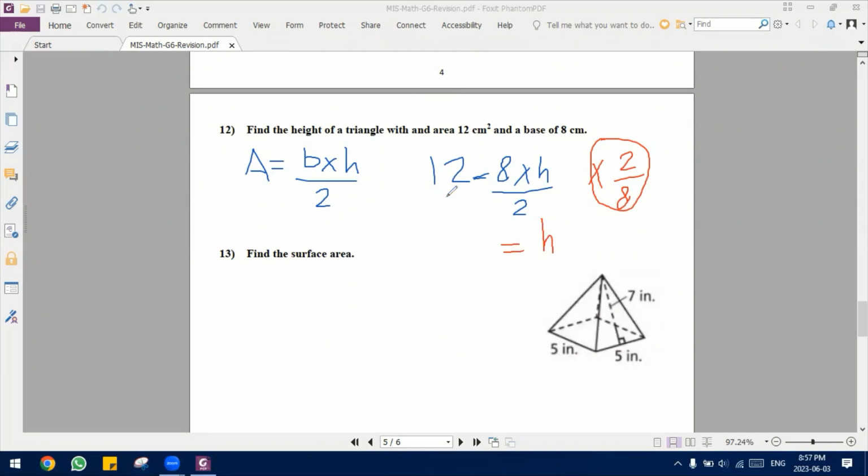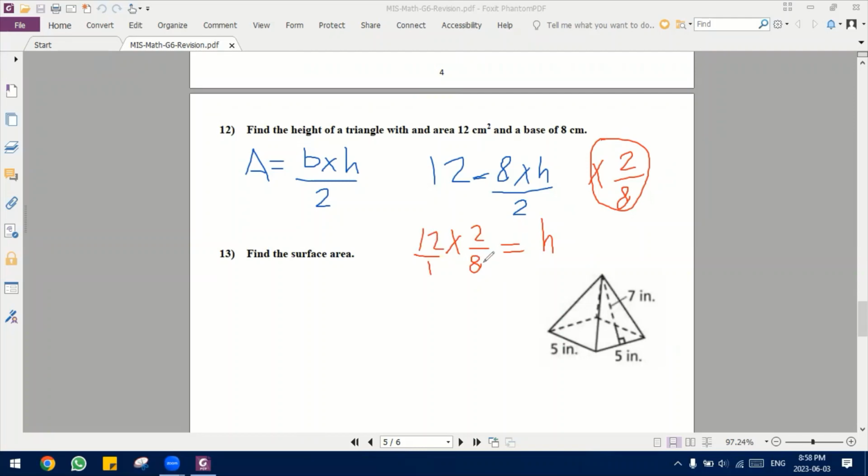Now I have 12 times 2 over 8. Remember, if I need to multiply fractions, I need to add a 1 here. It's 1 times 8, 12 times 2. Again, if you need to multiply and find the answer faster and easier, do cancellation first.